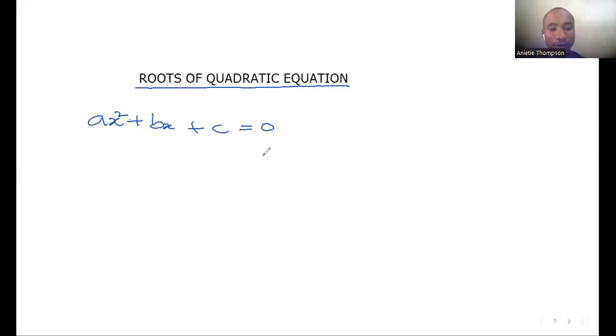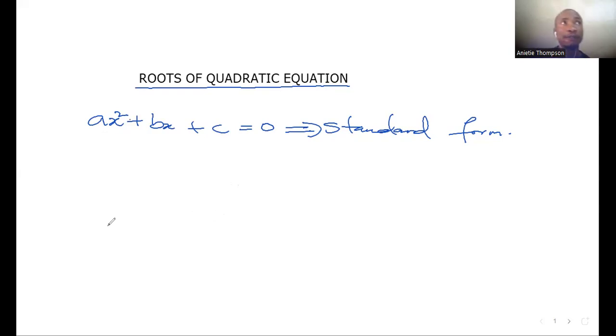So for any quadratic equation, we call this a standard way of writing a quadratic equation. There are other ways of writing quadratic equations, but this is the standard form.